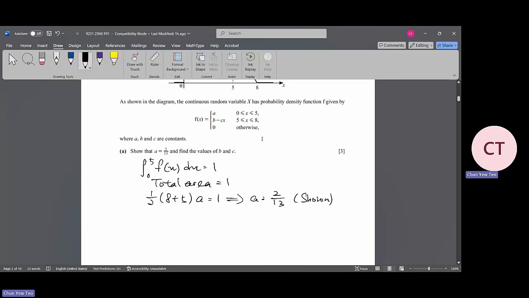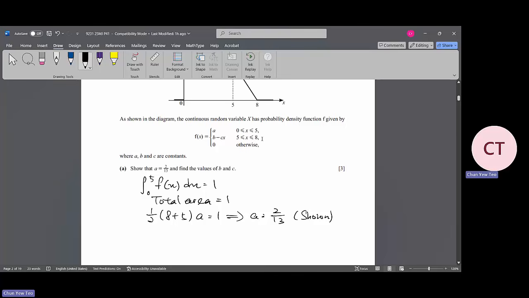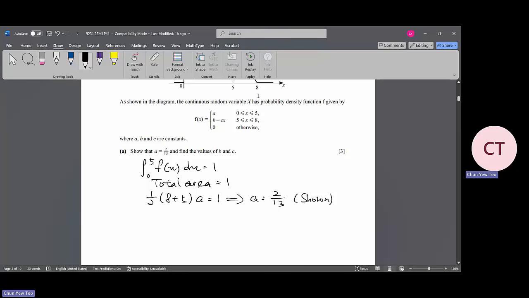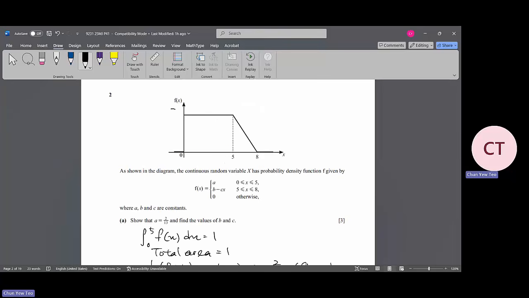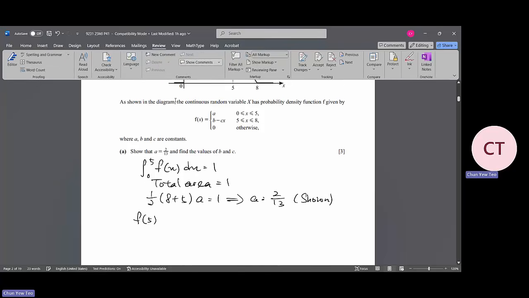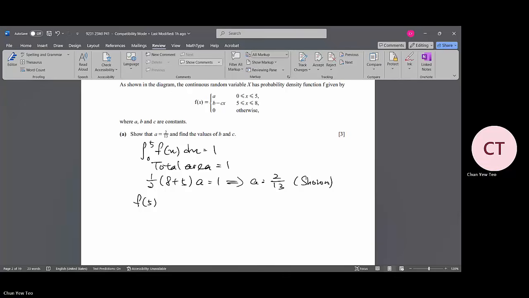Then we want to find the values of B and C. To do that, we need to put in f(5) and f(8). Since we know A is 2 over 13, f(5) gives 2 over 13, and f(8) gives 0.